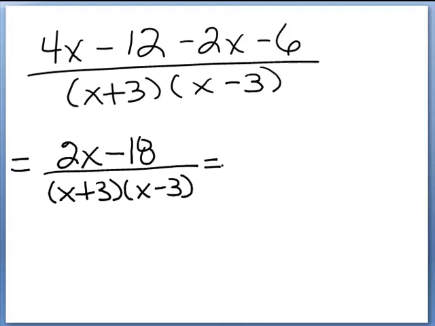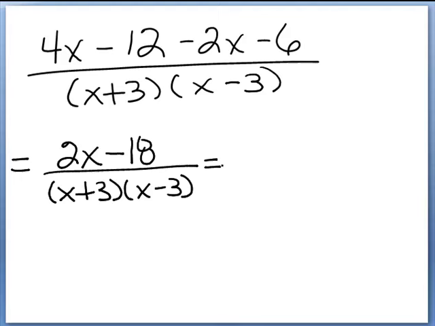Once we combine the like terms housed in the numerator, we're going to factor. Okay, so we have to simplify, and then at the end we're going to try to factor, and then we're going to see if there are any factors or any pairs that we can divide out.